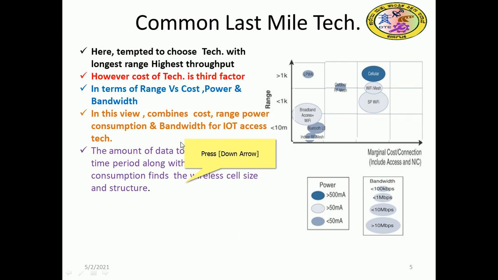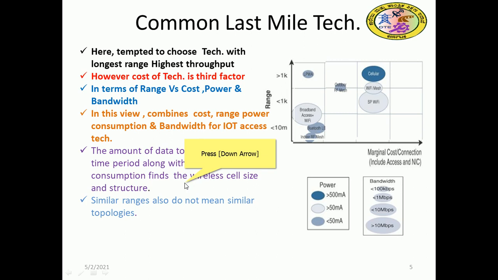So the wireless cell size and structure can decide the amount of data carried, what distance they are going to carry it, and the power consumption. So all this will matter while considering the common last mile technology for transmission.